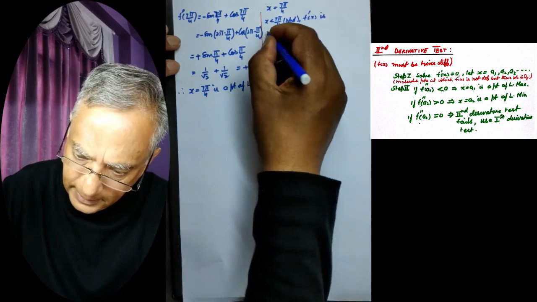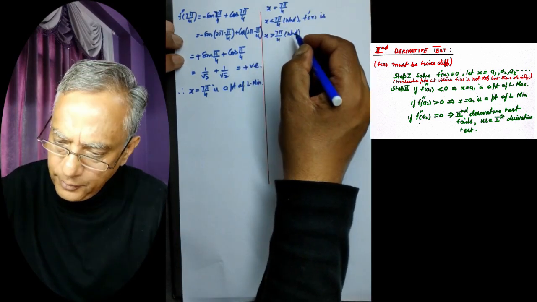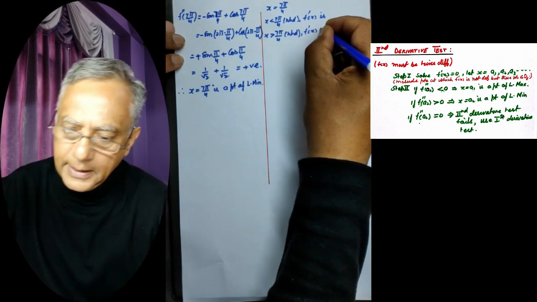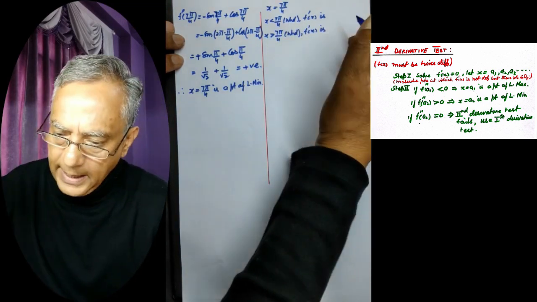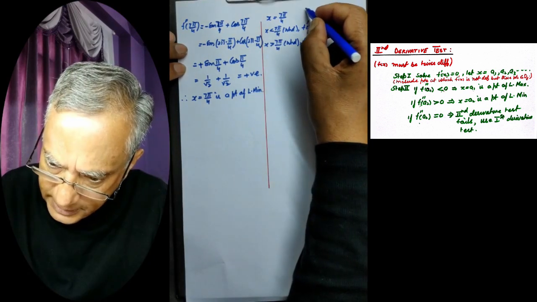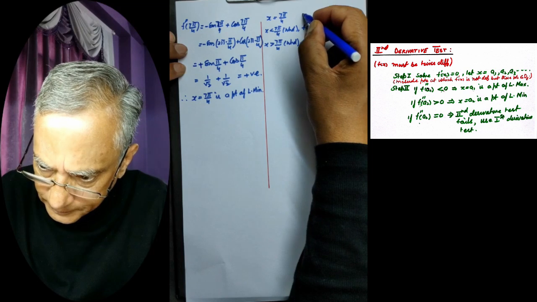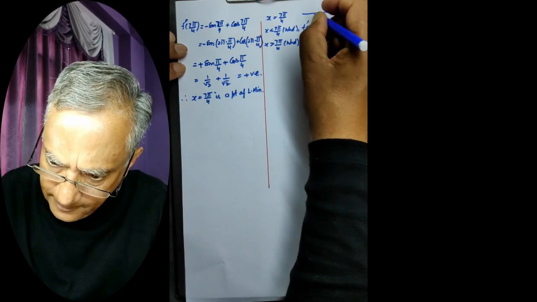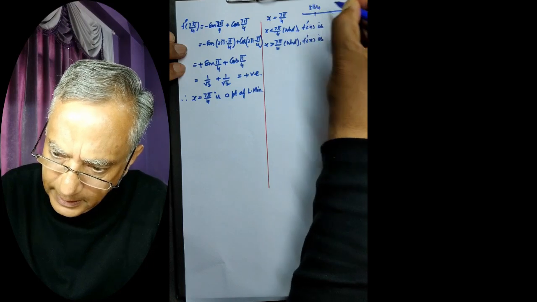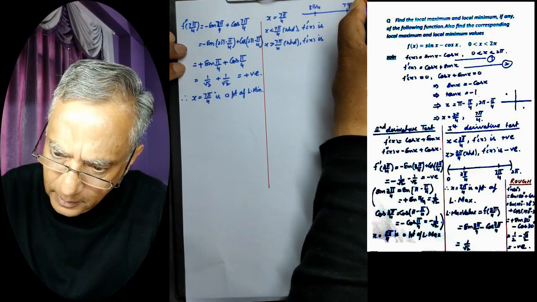And in right neighborhood of this point, we shall again find the sign of f dash x. Now, we have these points. This is 3 pi by 4 and this is 7 pi by 4.